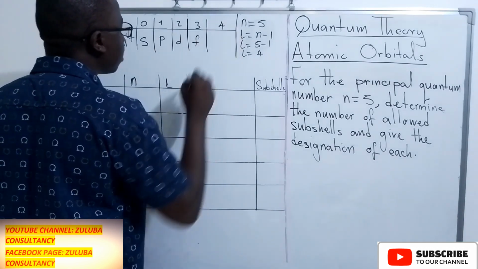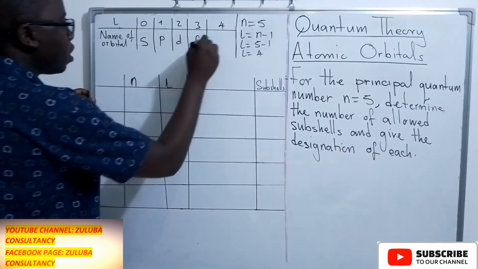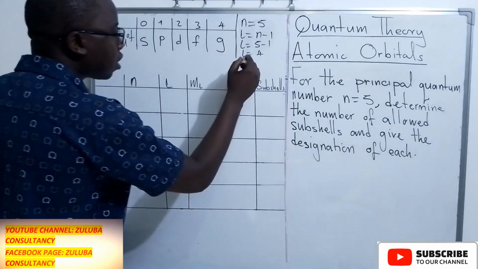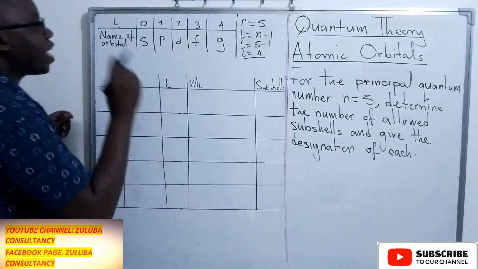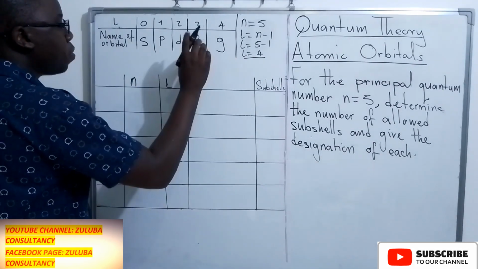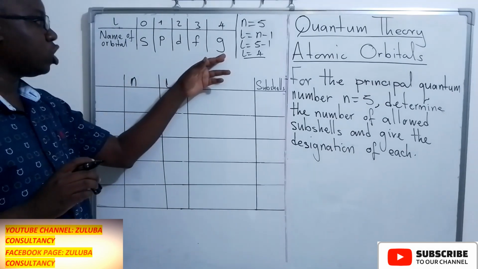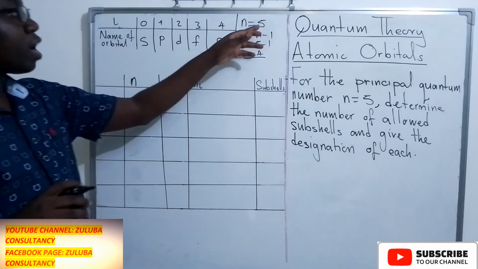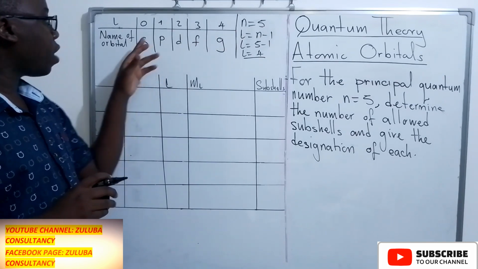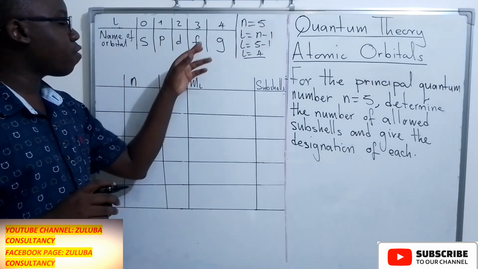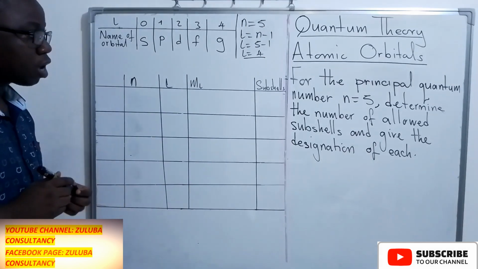And when L is 4, it is the g orbital. So in this case, L is 4, so the highest orbital we'll have is g. So we can have a 5s, 5p, 5d, 5f, and 5g.